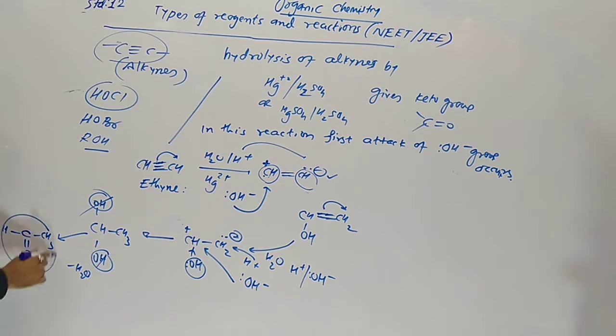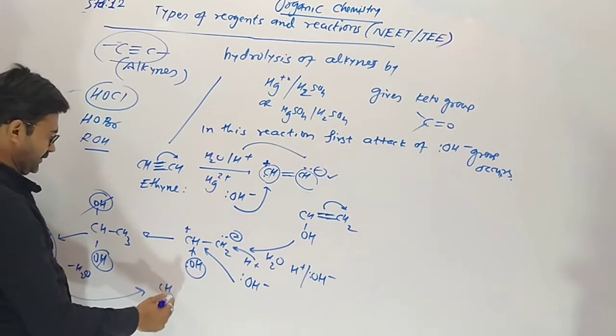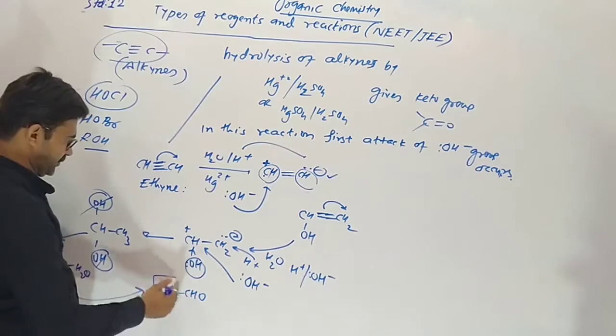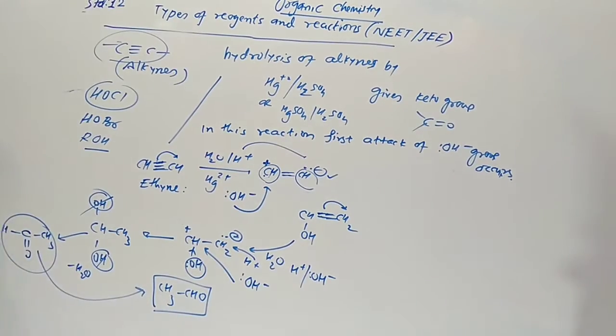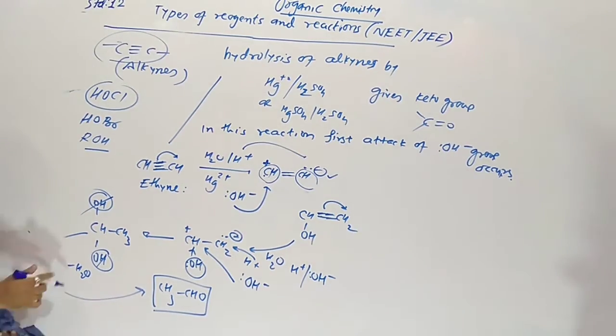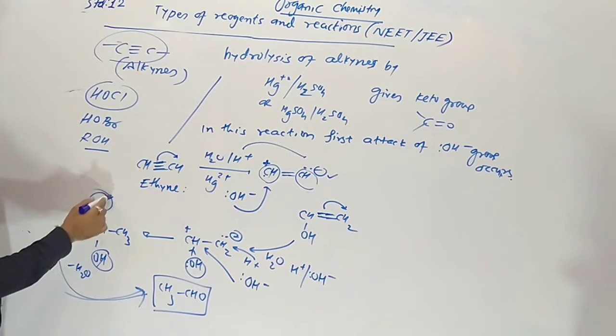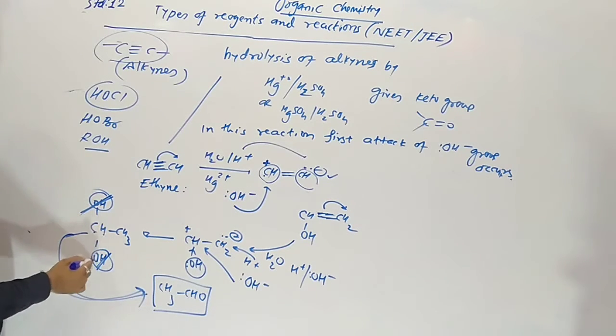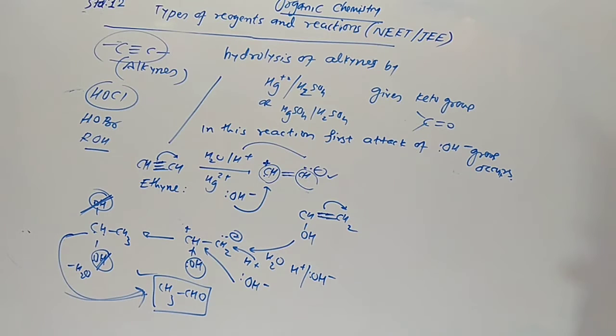So it gives our product as CH3CHO, ethanal. Ethanal after removal of water, OH and H, CHO. Ethanal is our product. Understood? Now next, reaction with hypochlorous acid.